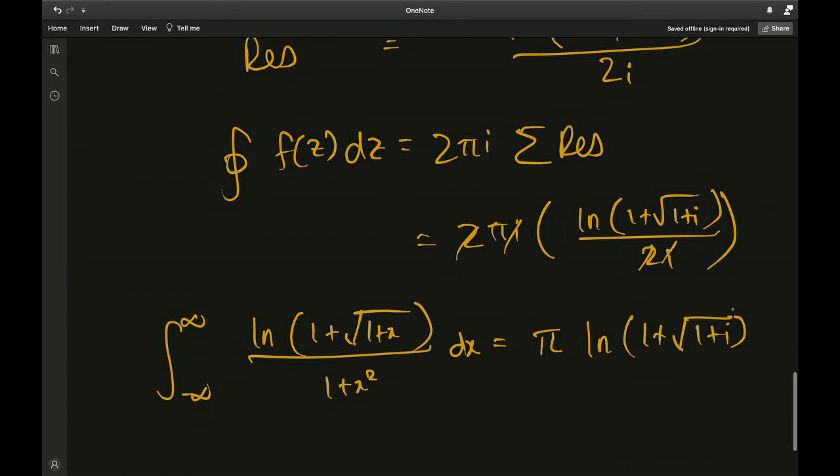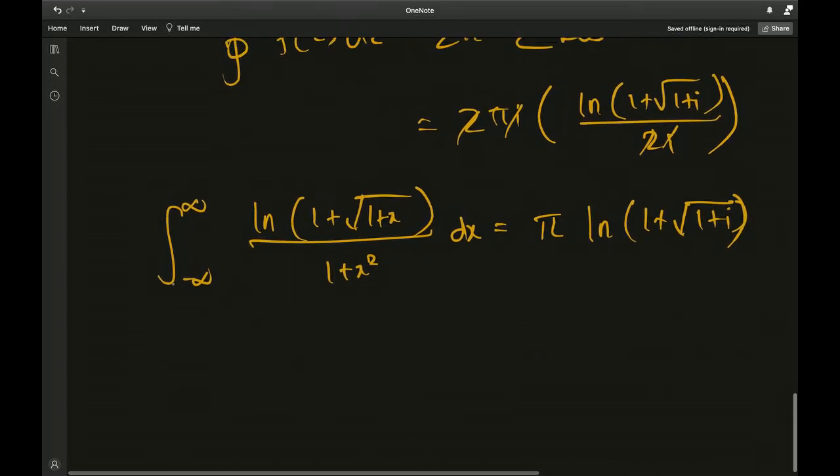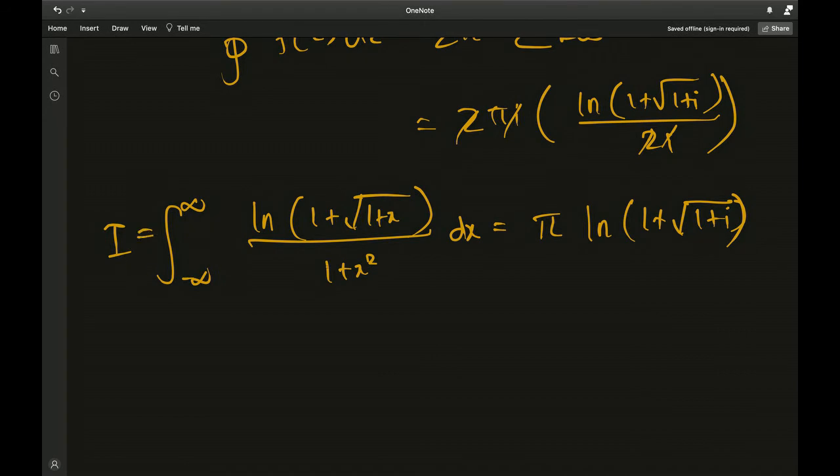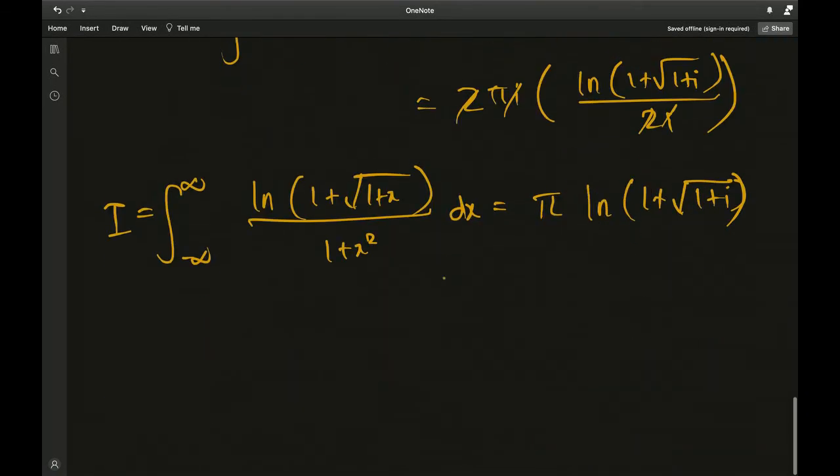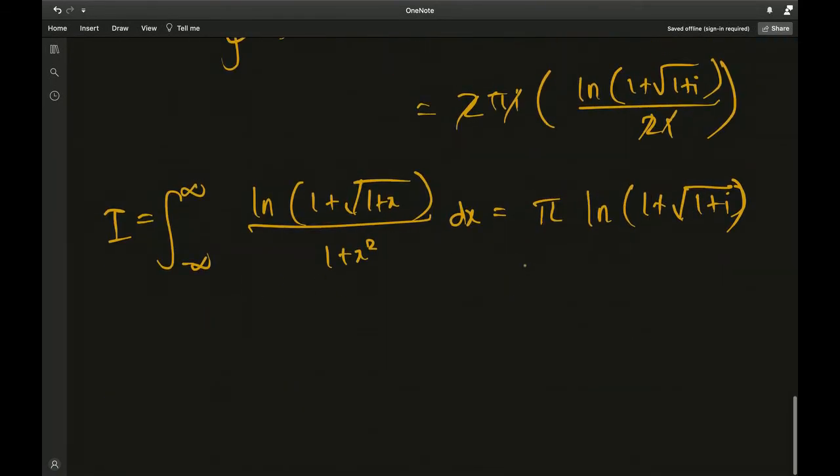Now although you can end over here, because this is just the integral we wanted, if you back substitute, you'll get this guy, and you can end it over here with this nice answer. But since this is a complex number, natural log with a complex argument is definitely a complex number.